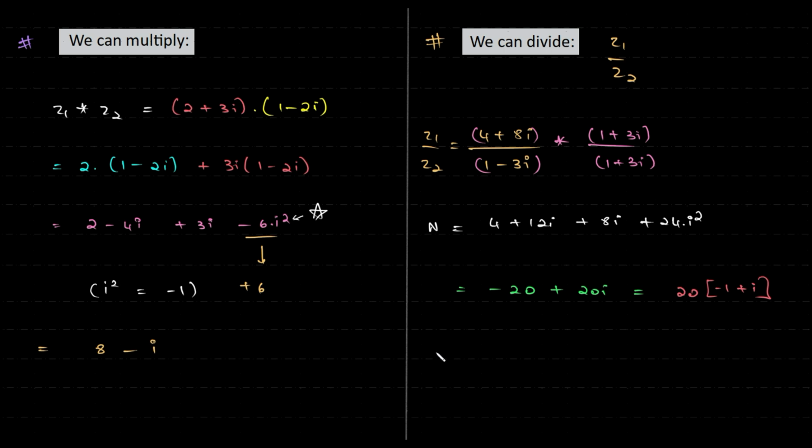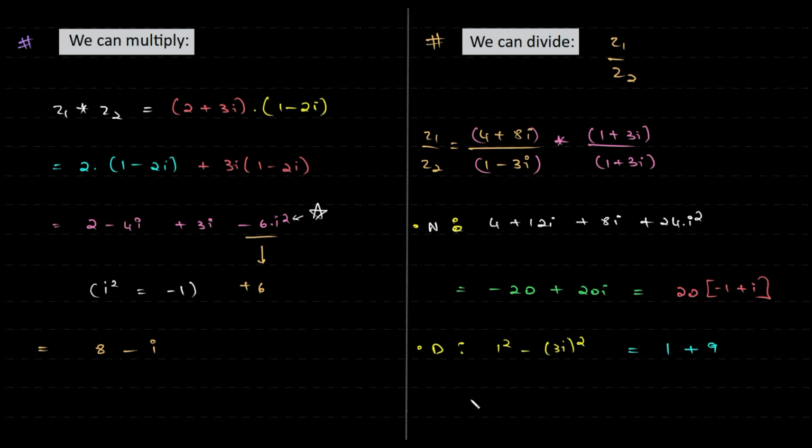Right? And in the denominator, we are looking at a square plus b square. So this is equal to 1 plus 9.